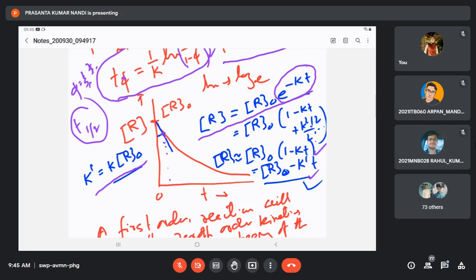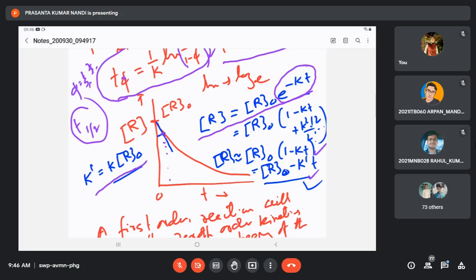Now R0 is constant because it is the reactant concentration at the very beginning, at t equal to 0. k is the rate constant, and if the reaction is carried out at a particular temperature, it is also a constant. So this product k into R0 is equal to k prime. So the first order reaction ultimately becomes R equal to R0 minus k prime t, right?